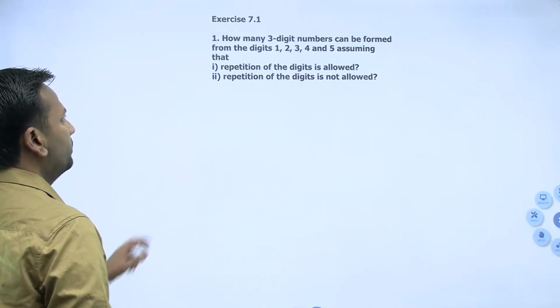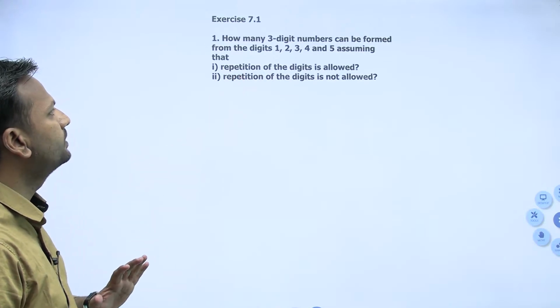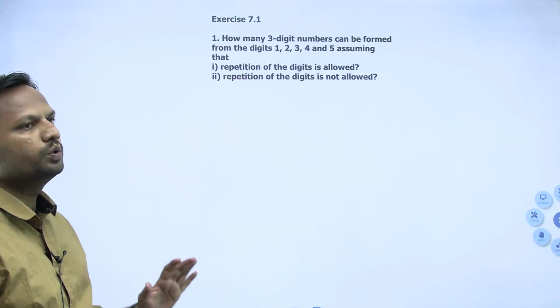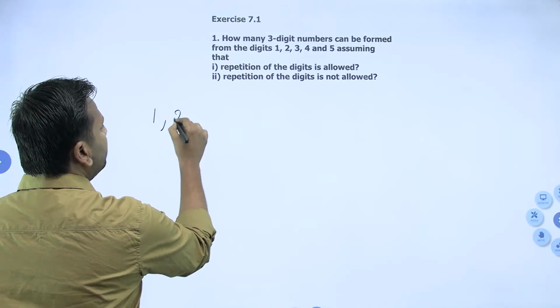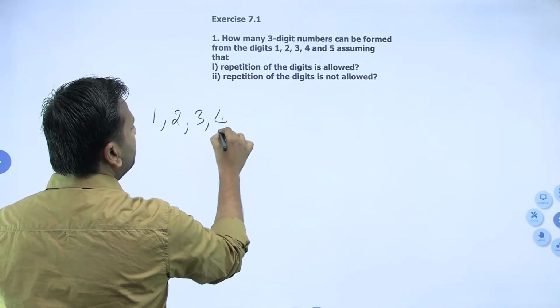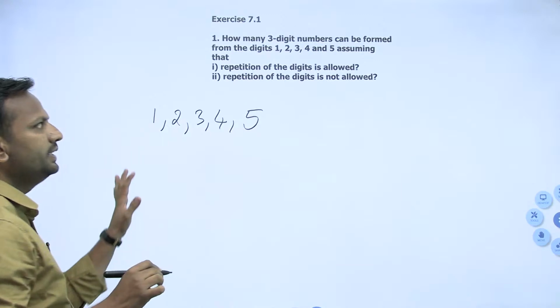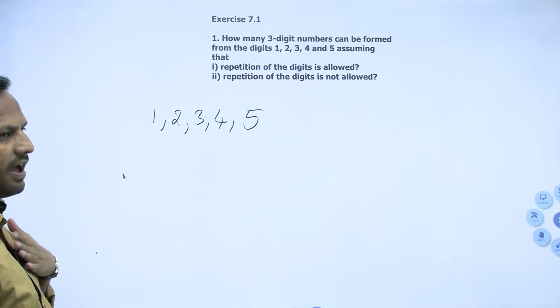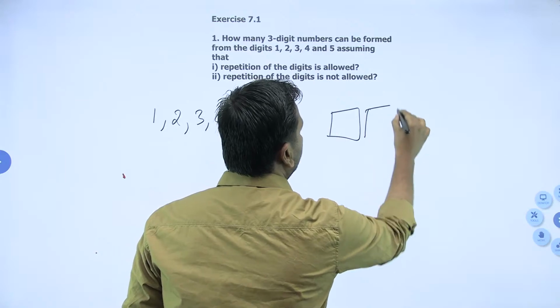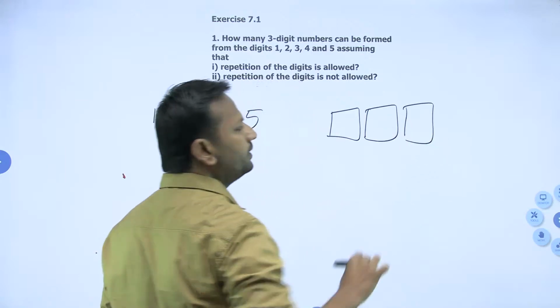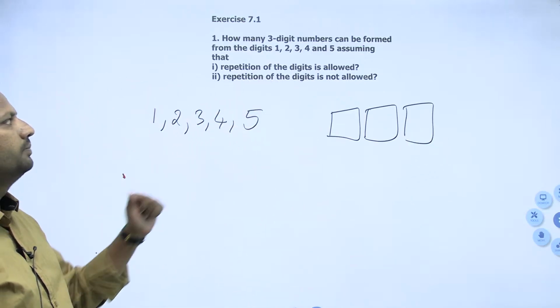It means that by using these five numbers, 1, 2, 3, 4, 5, I have to form a 3-digit number.